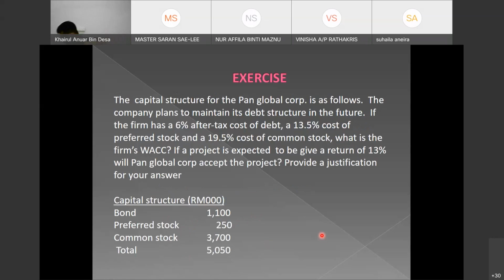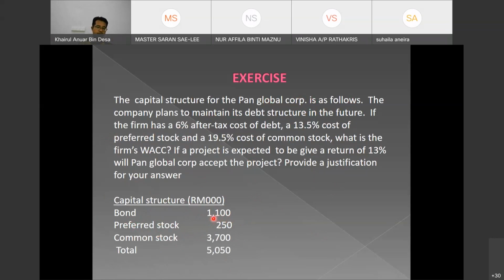So exercise. The capital structure for this company is as follows. So you can see here bond 1,100 million.